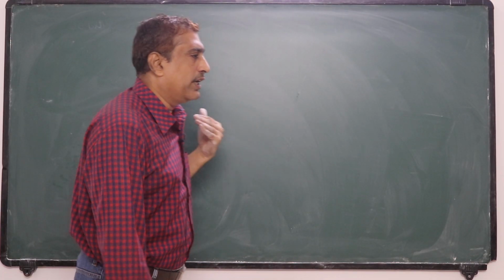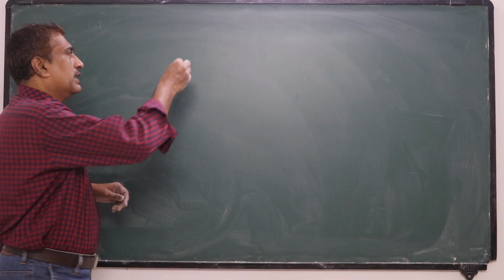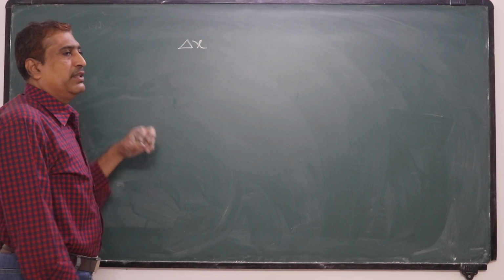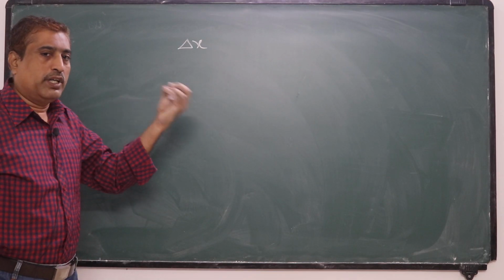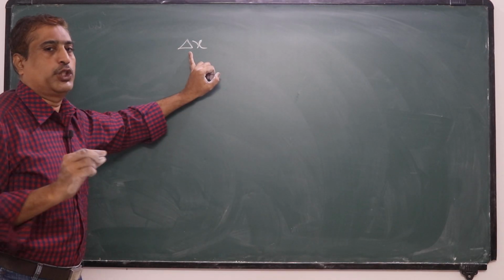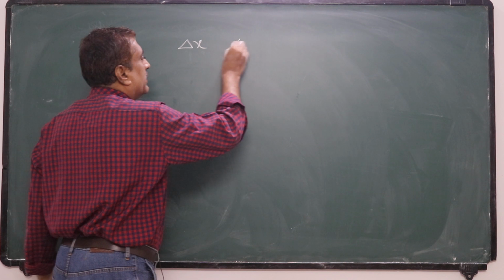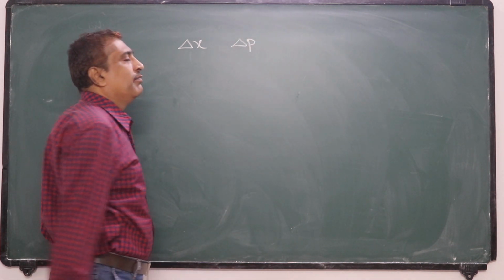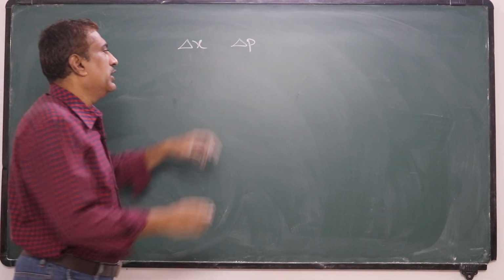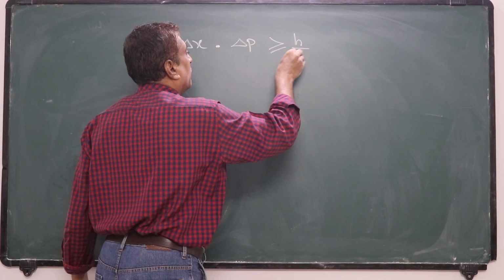Uncertainty means not sure, the probability of measuring. So delta x is the uncertainty in measuring the position, and delta p is the uncertainty in the measurement of momentum. Then the product of these two is always greater than h by 4 pi.